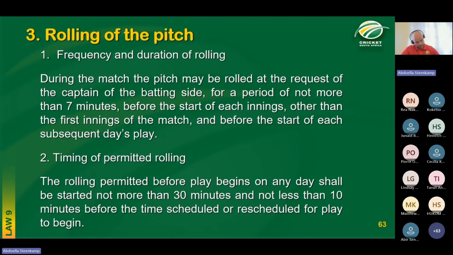If yes, which roller and how long? And let's say the captain says, yes umpire, I want rolling, big roller for 7 minutes. The fourth umpire will then go to the curator and say they want rolling, and will supervise the rolling and make sure that it happens between 9:30 and 9:50. Same thing will happen on day 3, day 4, and day 5.